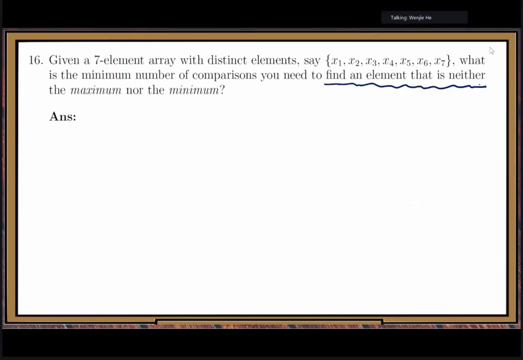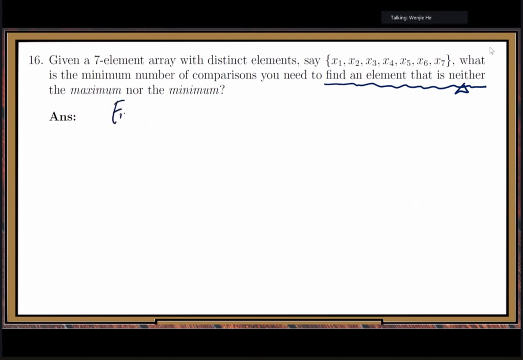Because many students tend to apply it this way: because it's neither maximum nor minimum, not different from the maximum and the minimum, some students may take this approach.